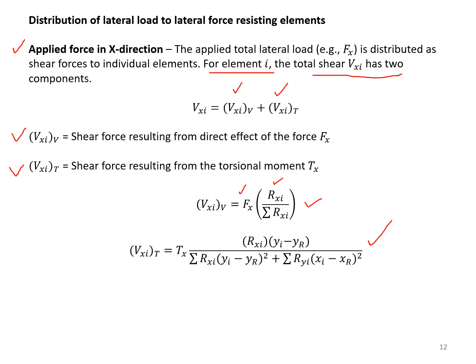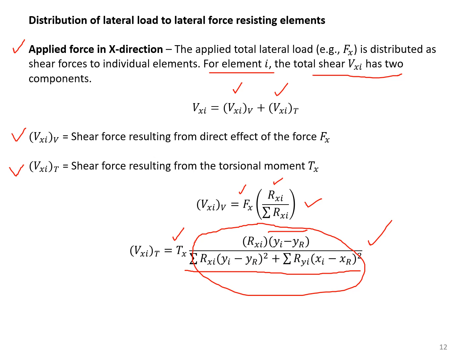It's rigidity multiplied by the corresponding distance divided by the sum of the rigidities multiplied by the corresponding square of distances. In the denominator, this sigma needs to be obtained for all elements in the floor plan, and I call this the rigidity inertia. Then once you compute this ratio, you multiply by the torsional moment Tx, and that gives you the extra shear in that element i.